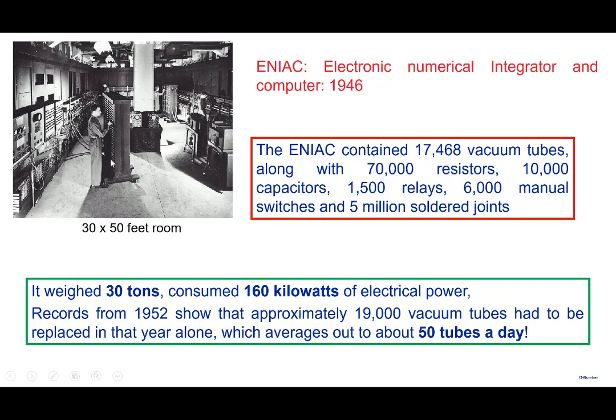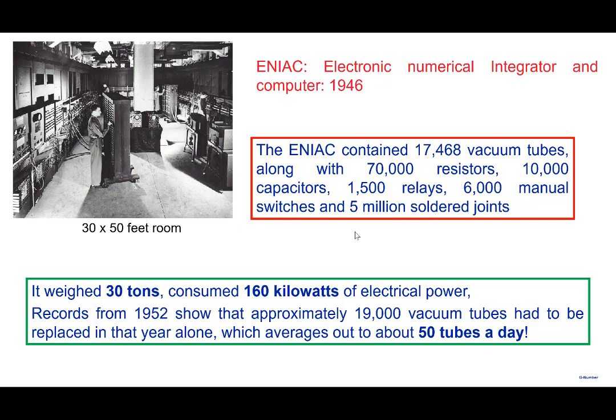But you can see, using this particular example, that it was not very easy to build complex circuits using vacuum tubes, because the circuits were becoming very large, very heavy, consuming lots of power, and they were not very reliable. So that's why people were out looking for a replacement for vacuum tube.